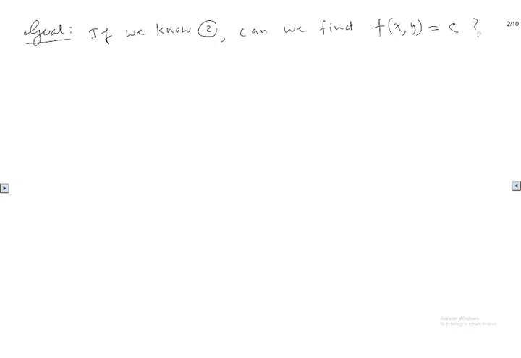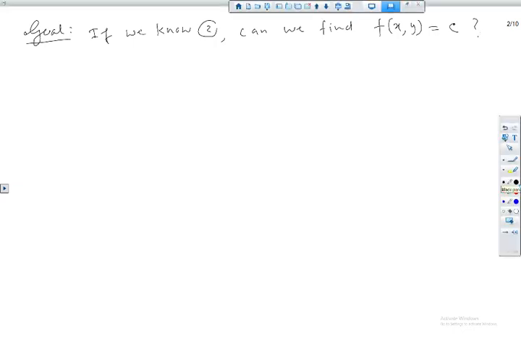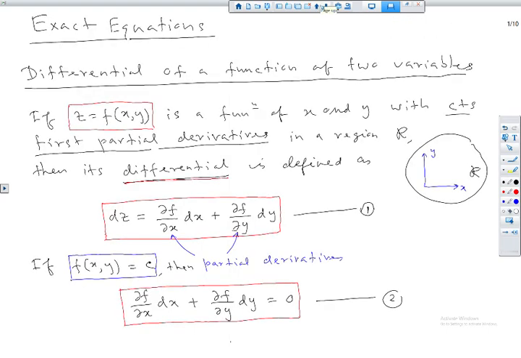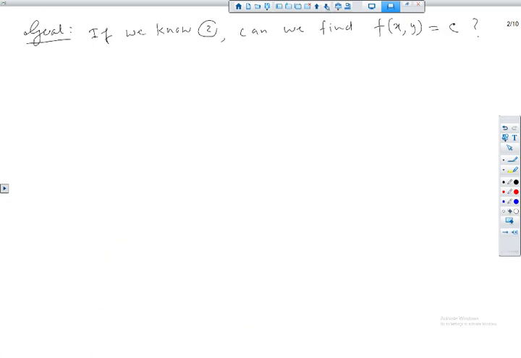Can we do that? Okay, so that's the goal. If you know equation number 2, can we figure out what is that function? So let's look at a simple situation first, and then we can see what's going on here. Okay, so the motivation.